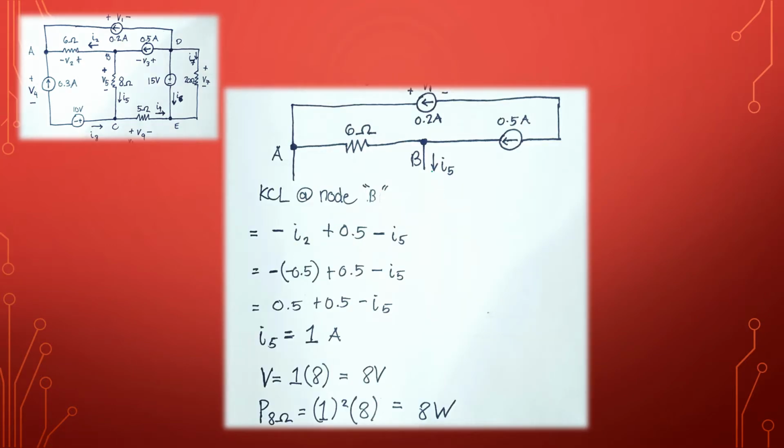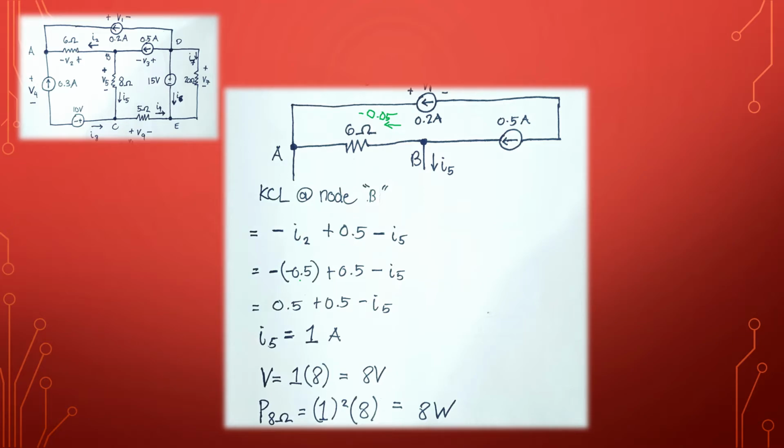Next, we're going to be solving the current at node B. Again, we use KCL. From the previous slide, we know that I2 is moving in this direction, and we already have the value of I2, negative 0.5 amperes, going in that direction.